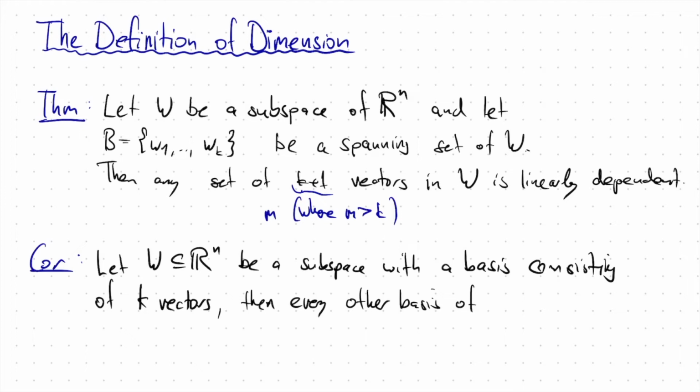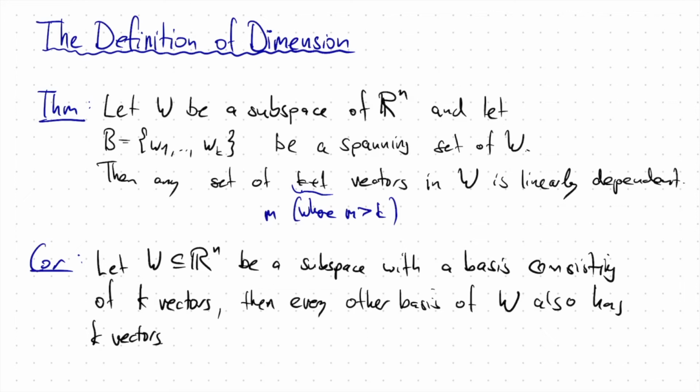Let W be a subspace of Rn with a basis consisting of k vectors, then every other basis of W also has k vectors. So in other words, the number of vectors of a basis is independent of the basis. It's an invariant of the subspace. So we give it a name. We call this the dimension.